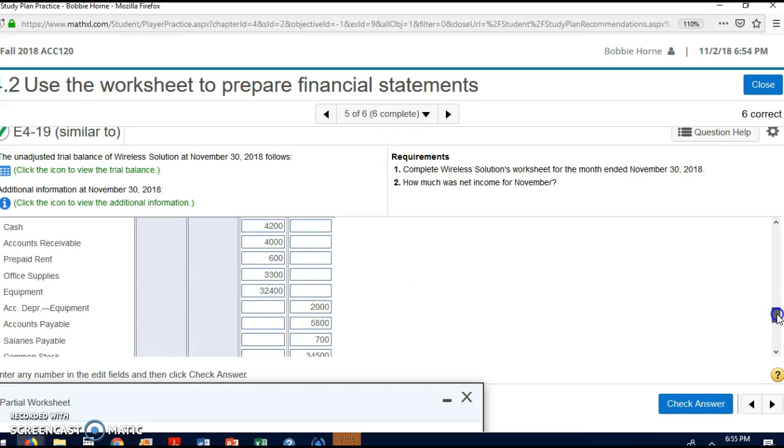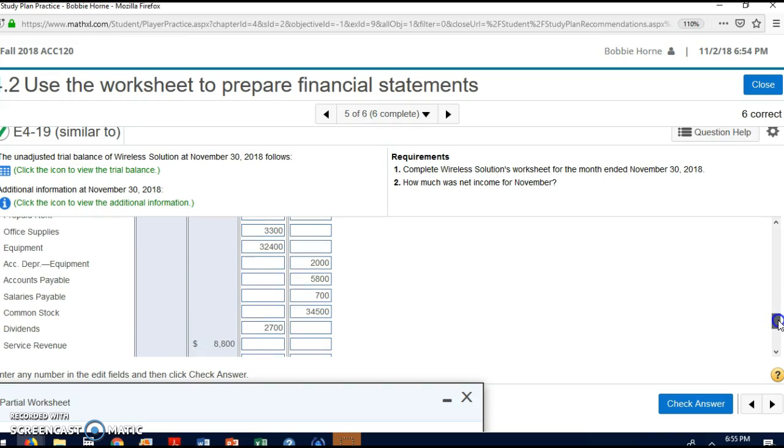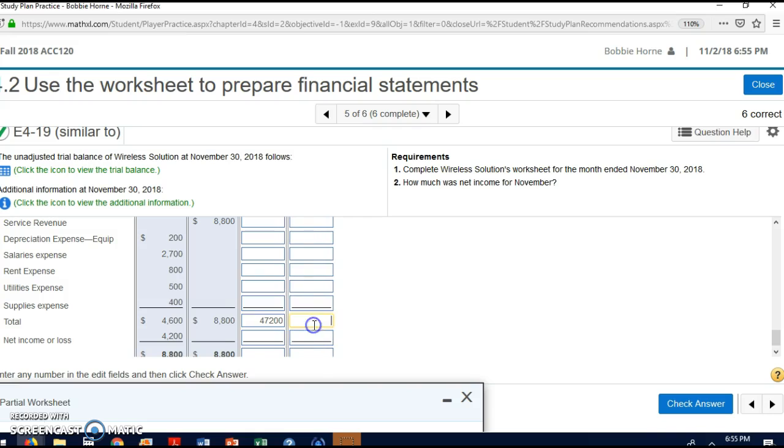Then on the liability side, on the credit side, you will add 2,000 plus 5,800 plus 700 plus 34,500. And you get 43,000 on the credit side.